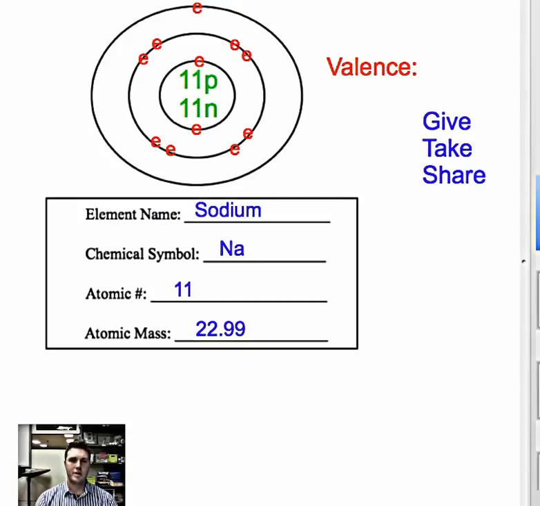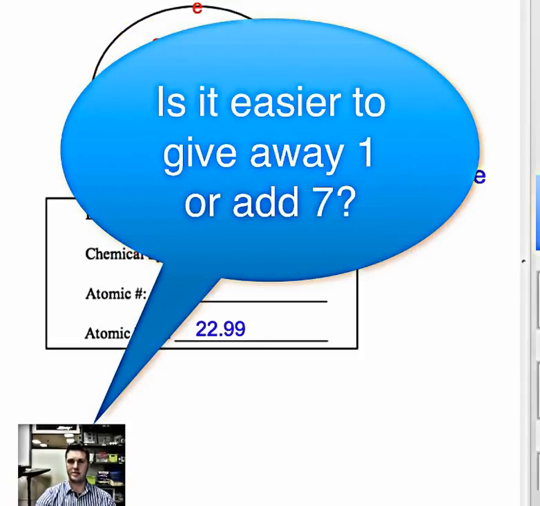Moving on to sodium, okay? It has 1 valence. We can see in the third energy level, 1 valence. Now, it wants to have 8 valence electrons. What would be easier for it to do? Give away that 1, so we can drop down to the second energy level, or add 7 to the third energy level. What is easier?